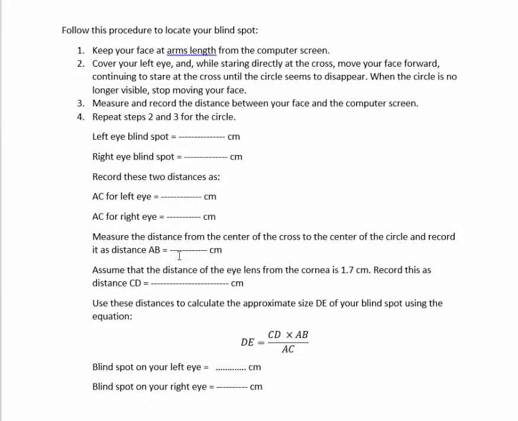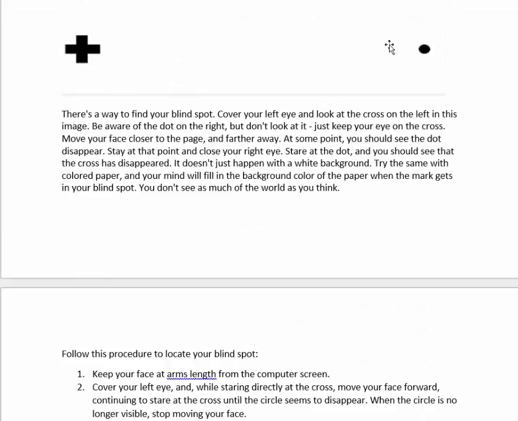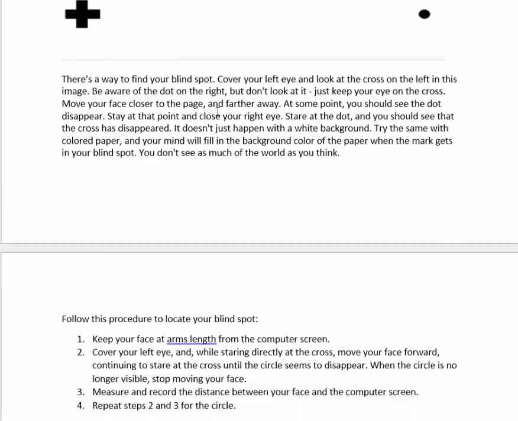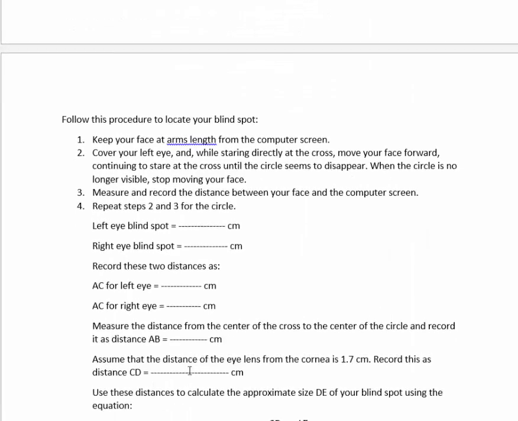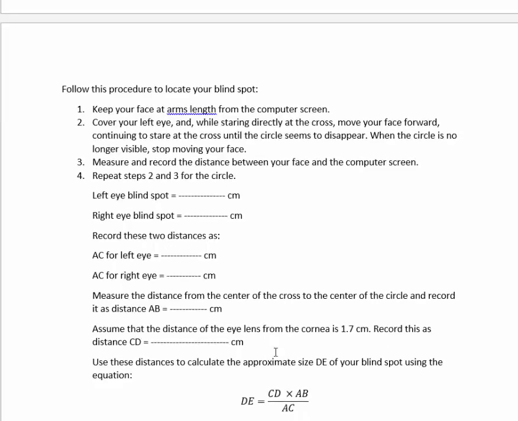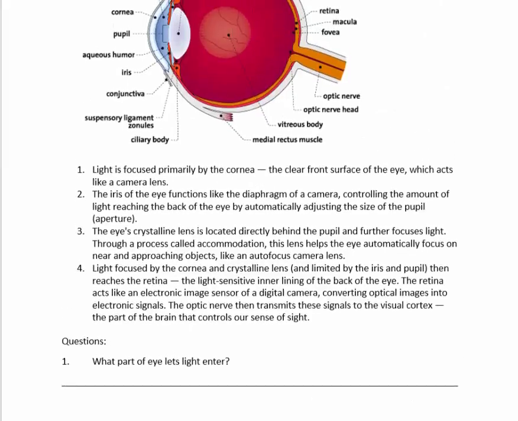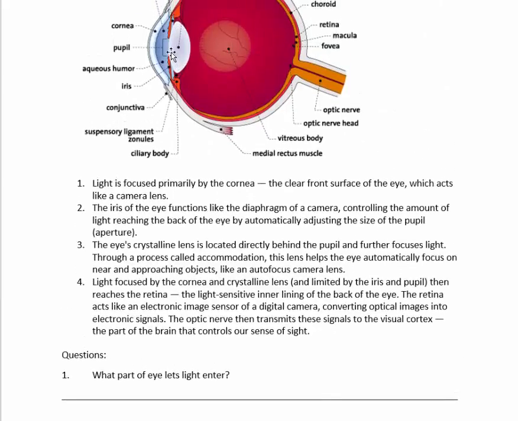Then measure the distance from the center of the cross to the center of the circle, and record it as AB. And assume that the distance of the eye lens from the cornea is about 1.7 centimeter. You know what that distance is? Let's go back and take a look again. It is this distance.